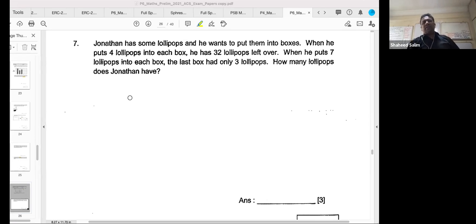This one should have been question 7, maybe question 13. But for PSLE, this will be question 13, or 14 or 15.